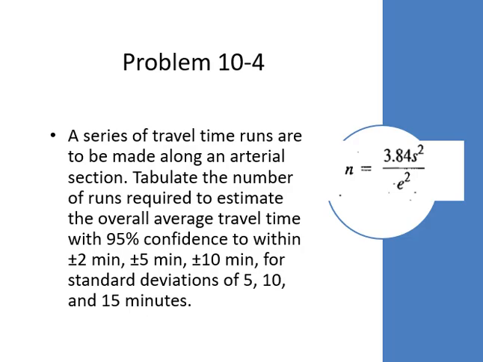So confidence interval only changes this number. They want to be precise within 2, 5 and 10 minutes, and they are changing the standard deviation to 5, 10 and 15. And what is this value? The E value.